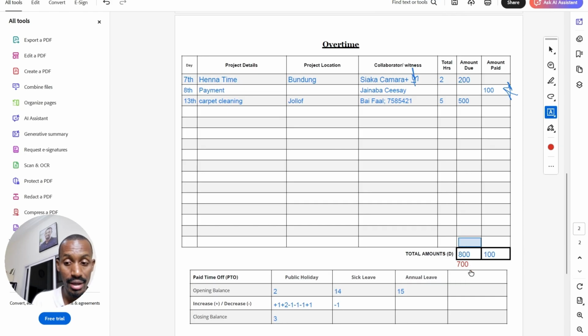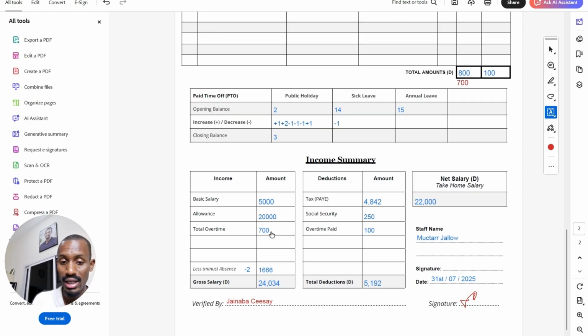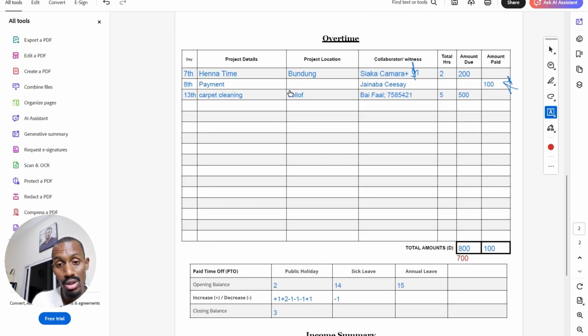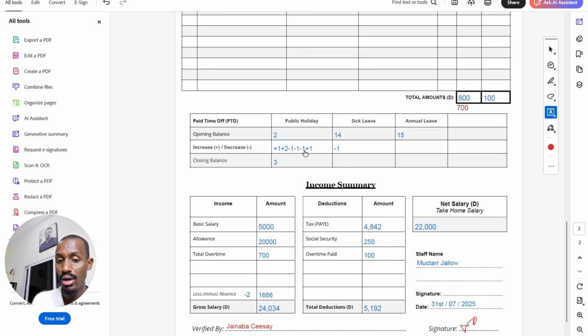All right, and remember, if the verifier puts here 700, they also have to change everything related to it. That's why it is very important to know that the verifiers will not be doing a lot of help, like if you did not write the number, or you did not put something else that you are supposed to put in your form, or you mistakenly put here, or you did not put your addition and left it blank.